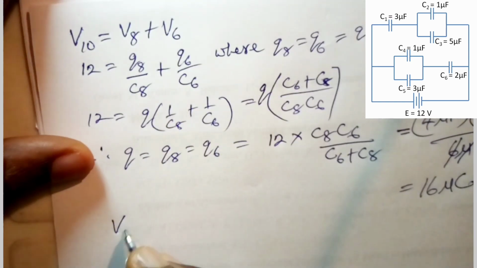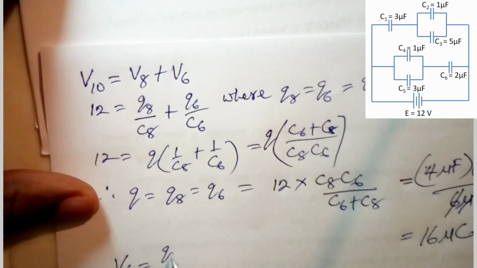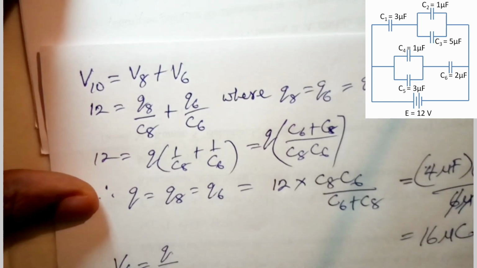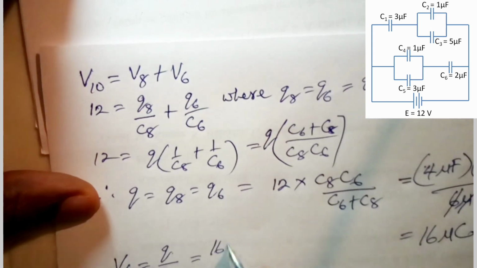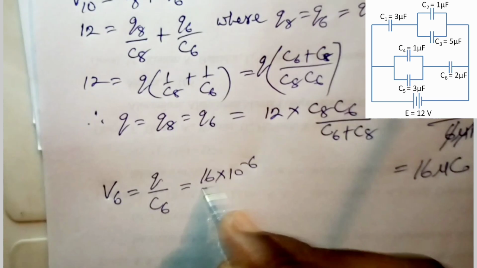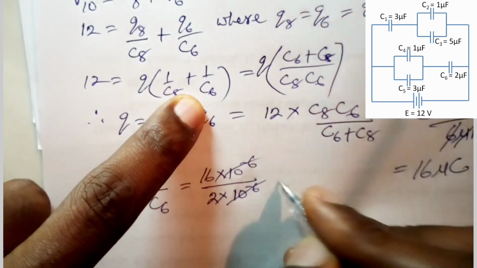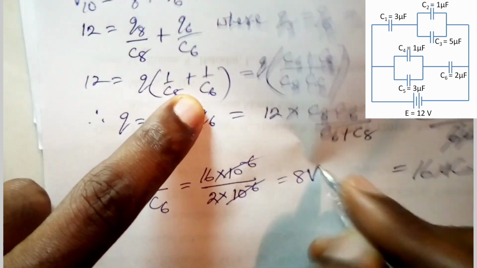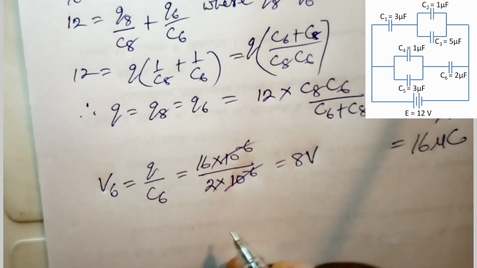Therefore, V6 is equal to Q over C6, which is equal to 16 times 10 raised to the power minus 6 all over 2 microfarad, which is 8 volts. So that is 8 volts.